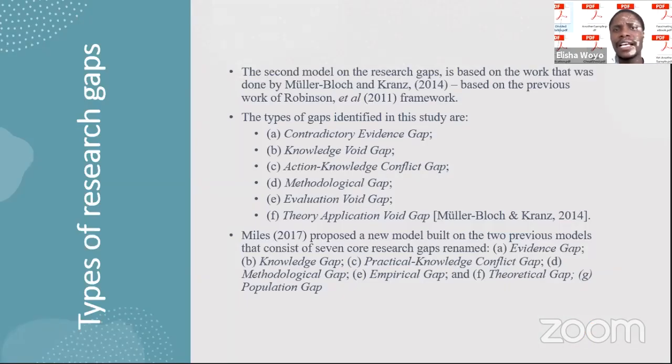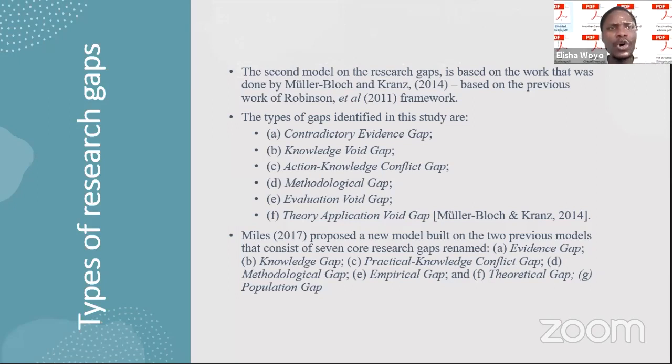Then another second taxonomy, or another second model that has tried to classify these issues, is the one done by Muller, Bloch, and Crancy. They actually improved on the work that was done by Robinson, and they identified these particular gaps, and these are the gaps that we want to spend most of our time focusing on, where you talk about your contradictory evidence gap, your knowledge void gap, your action knowledge conflict gap, your methodological gap, your evaluation void gap, your theory application void gap.